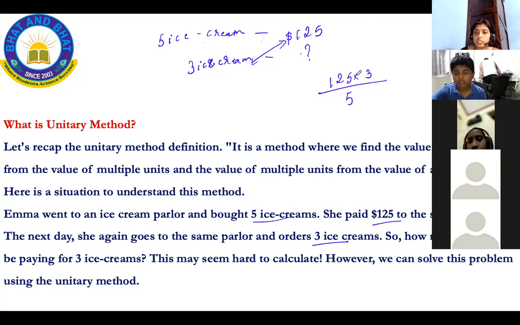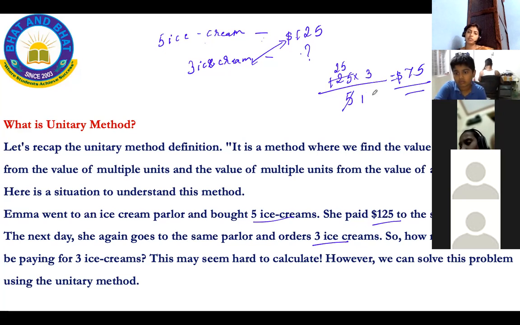Now divide. 5 ones are 5, 25s are 125. Now 25 into 3 will be 75. So for 3 ice creams, she has to pay 75. Understood now, everyone?